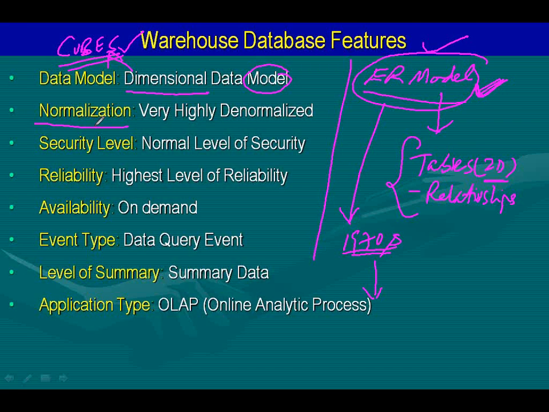And the security level for a transaction database, what kind of security is required? It's high level. For a warehouse, normal level is enough, right? What about reliability of data? In transactional, we need high level too, because if it is not reliable, there is no need for the database itself.